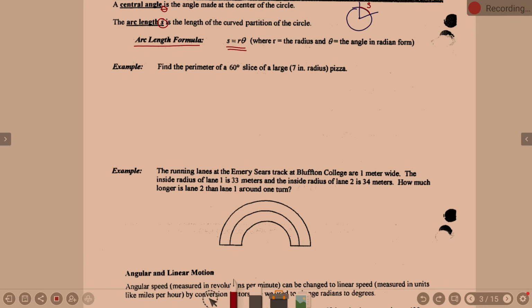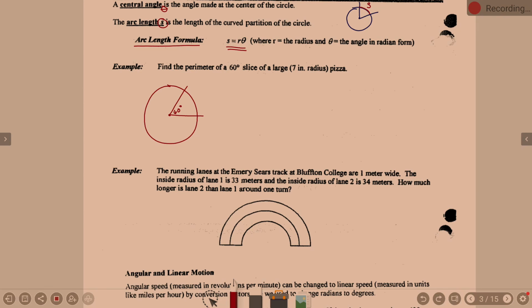Now, let's see. There's my pizza. We're looking for the perimeter of a 60-degree slice of pizza. So if I put my point in the center, there's my 60-degree slice of pizza approximately. Because that angle is approximately 60 degrees.